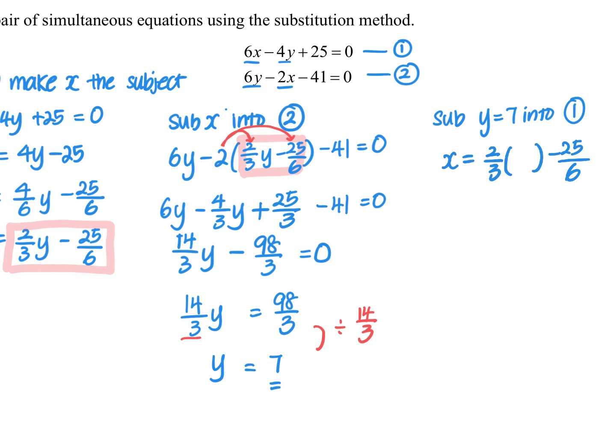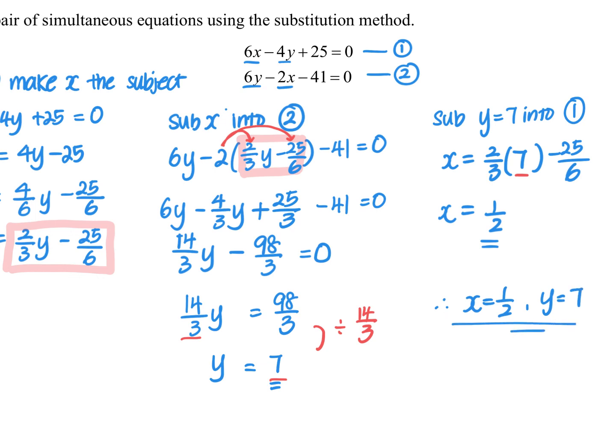So y is now the number 7. And I'll leave these calculations to my calculator. 2 over 3 times 7 minus 25 over 6. And x will be equals to half. Last but not least, present your answers. x equals to half and y equals to 7.